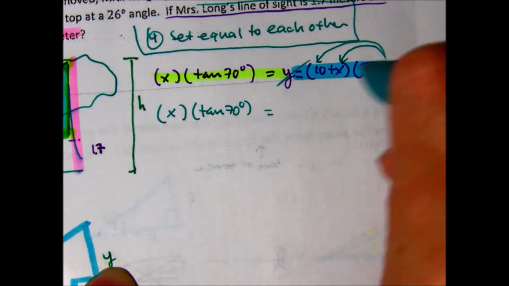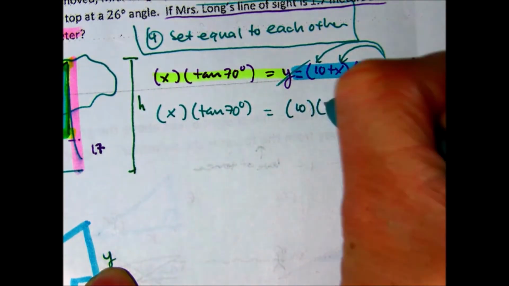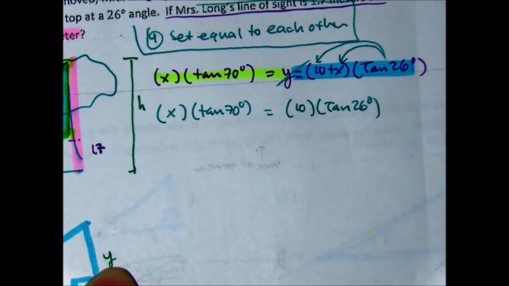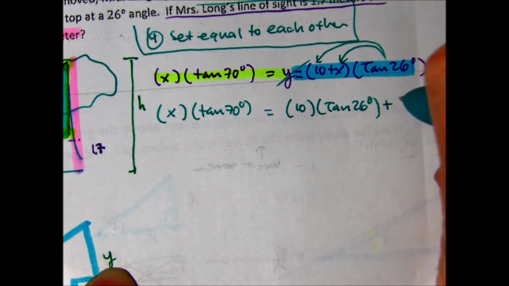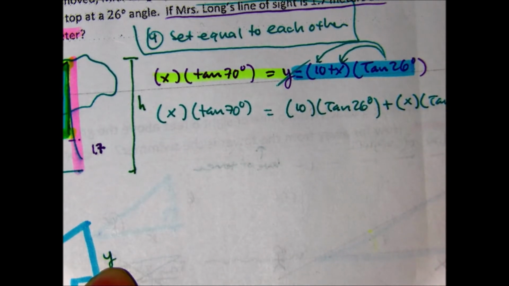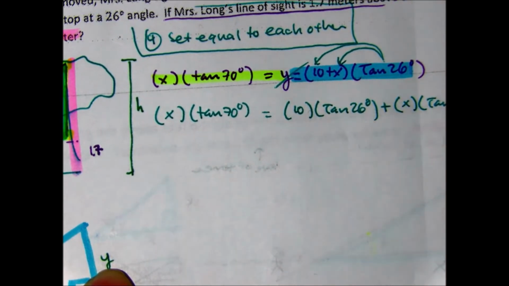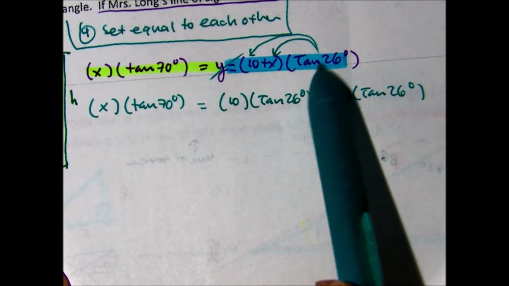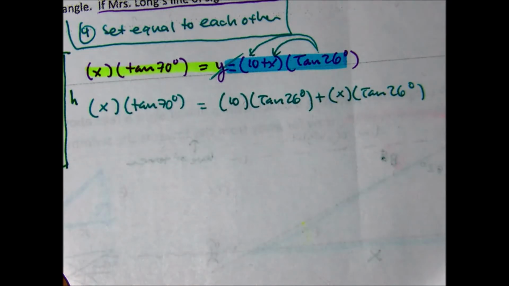So here I'm going to have 10 times tangent of 26 plus x times tangent of 26. Remember, if you want to go back to this step here, you're just factoring out tangent of 26 as your greatest common factor.